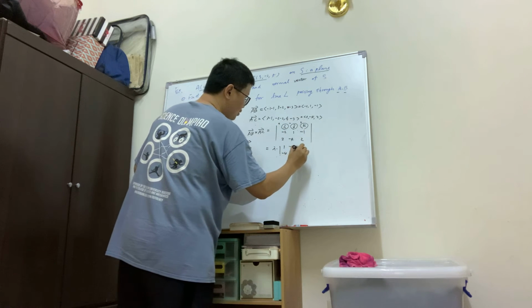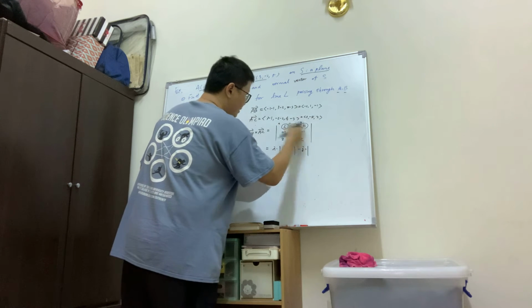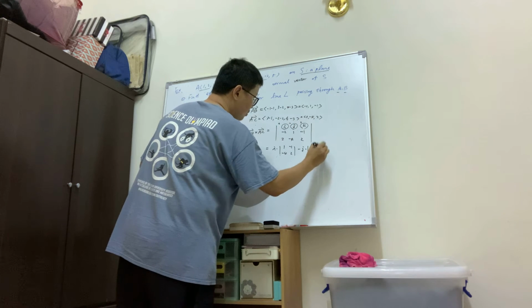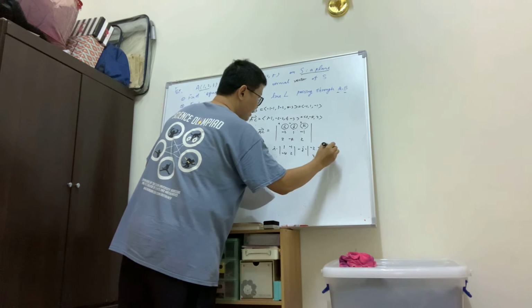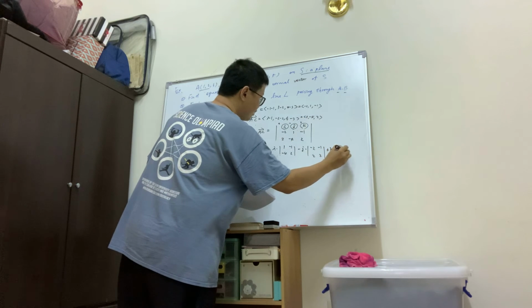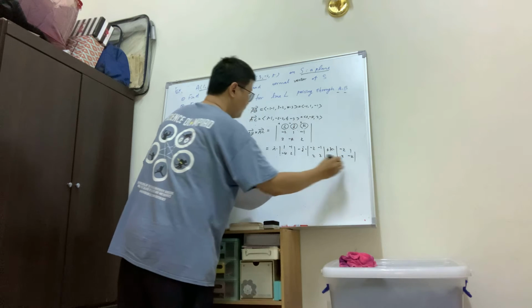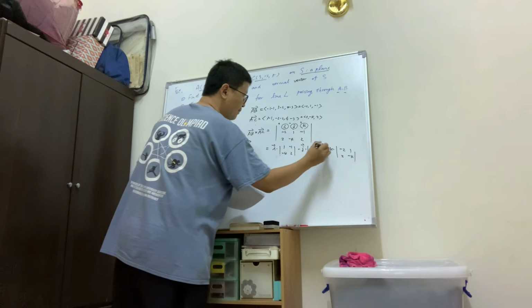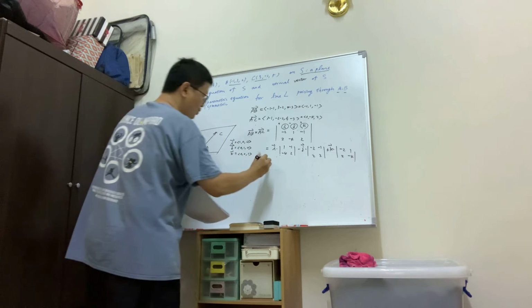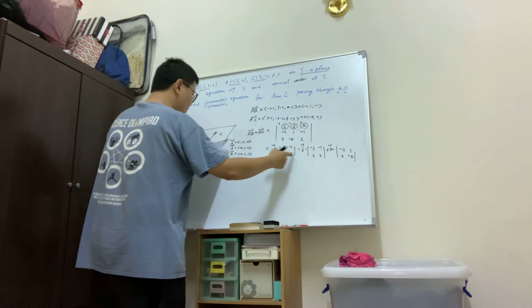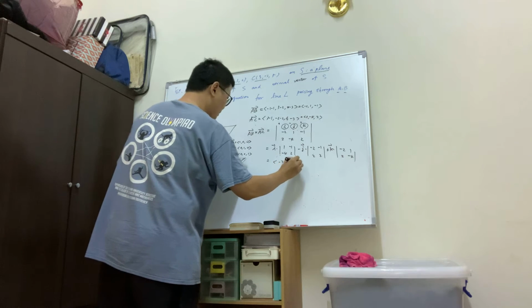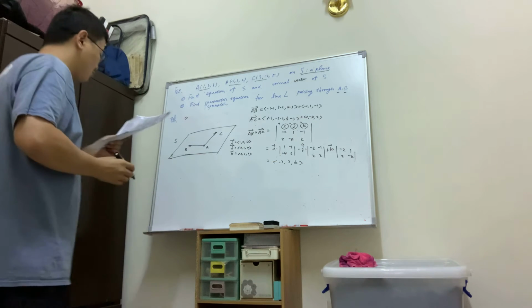So subtract j times the determinant from the first row, second column, which is (-2, 2; -1, 2), plus k times the first row, last column, which is (-2, 1; 2, -4). The i, j, k are vectors. Once you plug in, you will see its value. Finally, you could see the vector is this one. You could check it.